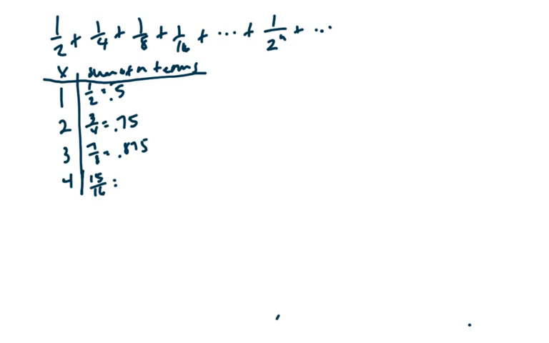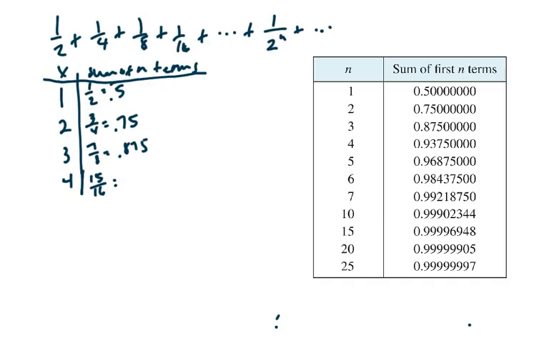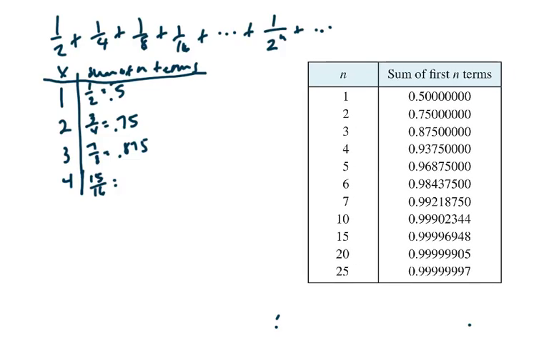Probably 0.94, and so forth. So if we look at the sum, this one's in the book, so this shows the sum. Now note that about here, on the first 7 terms, we could say that the sum is approaching 1, but look, it gets closer and closer and closer to 1.